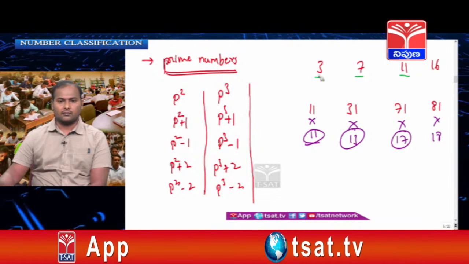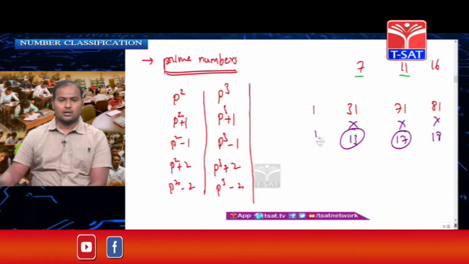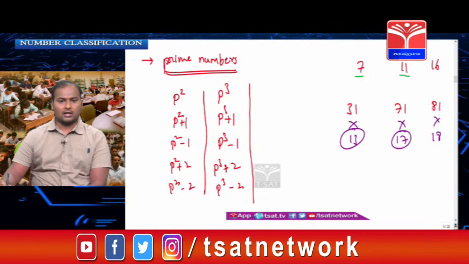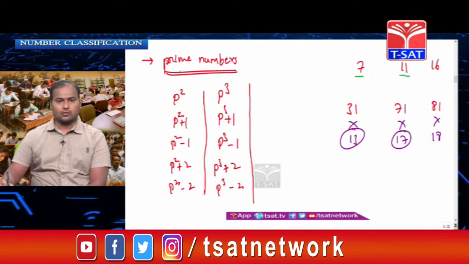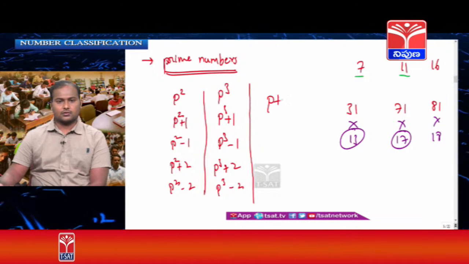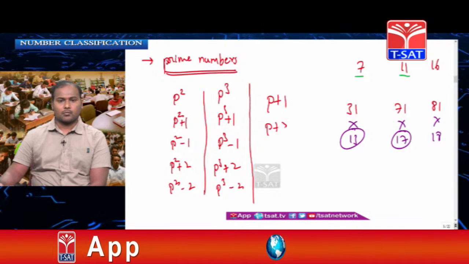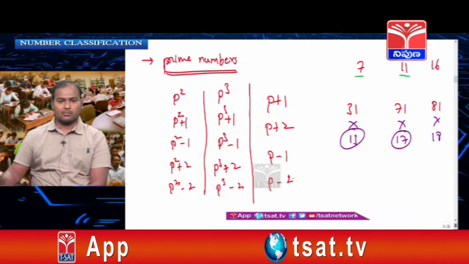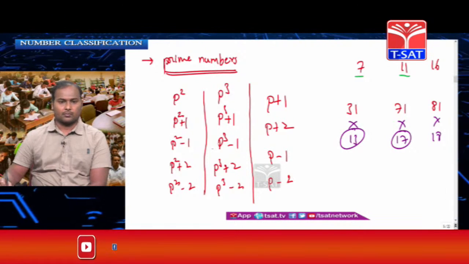These are very important. If you know these numbers very well, it will take very less time to analyze in the exam. So with prime numbers, p plus 1, p plus 2 is possible. In the same way, prime number minus 1 and prime number minus 2 are also possible.